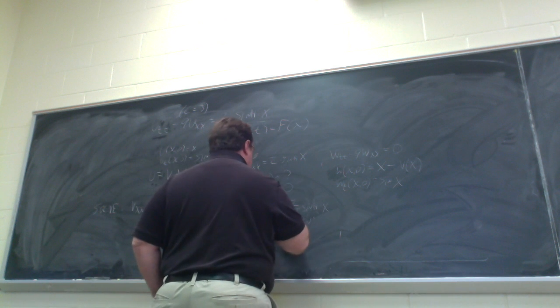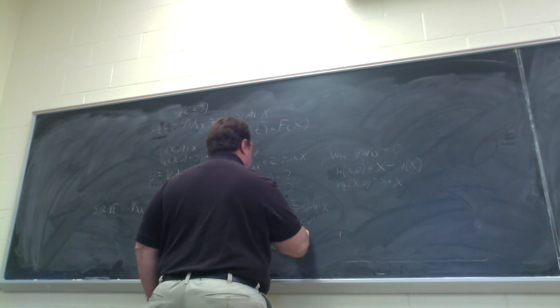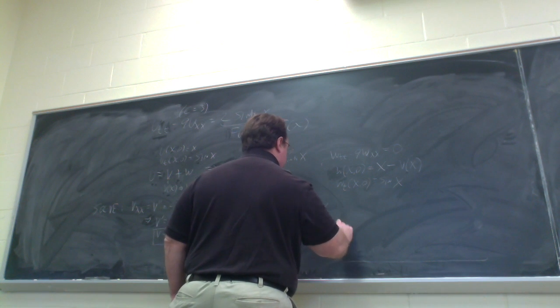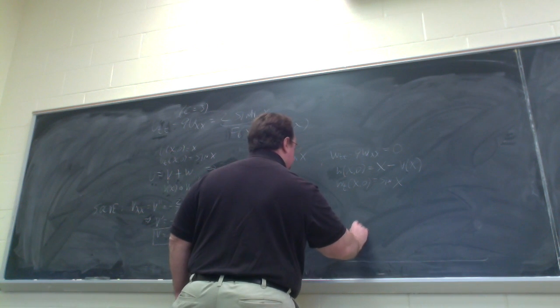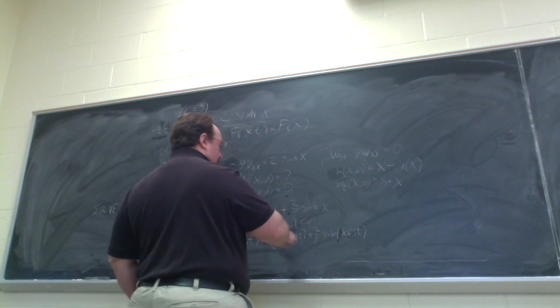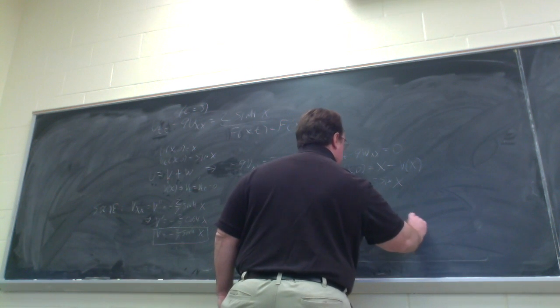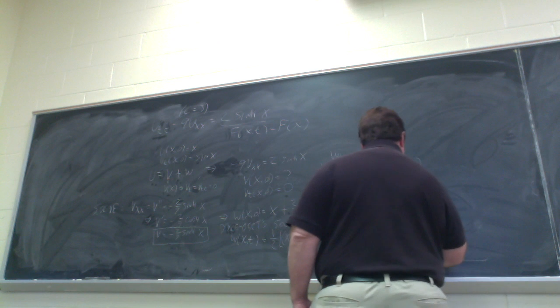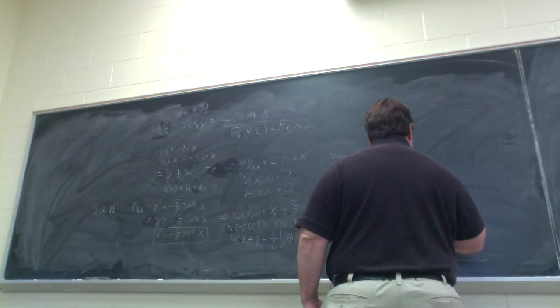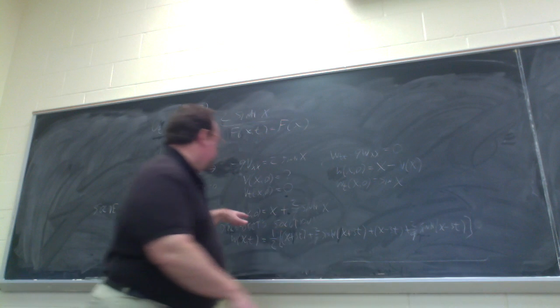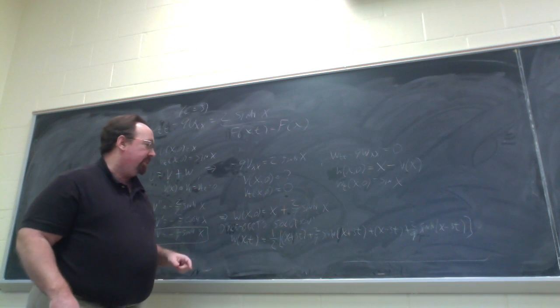So we have x plus 3t plus 2/9 sinh (x plus 3t), and then plus x minus 3t plus 2/9 sinh (x minus 3t). So that takes care of this part of the solution formula.